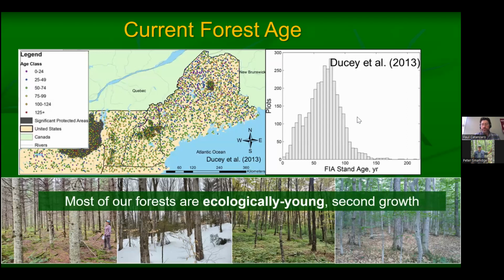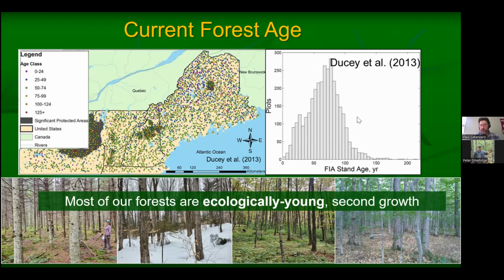So I want to just reinforce this point, as if the history lesson isn't enough for us to deduce that our forests are relatively young from an ecological perspective. Here's a study that was done by Ducey et al. in 2013 using the Forest Inventory and Analysis plots demonstrating the age of our forests. And you can see in that graph on the right that, and again, that was done in 2013.